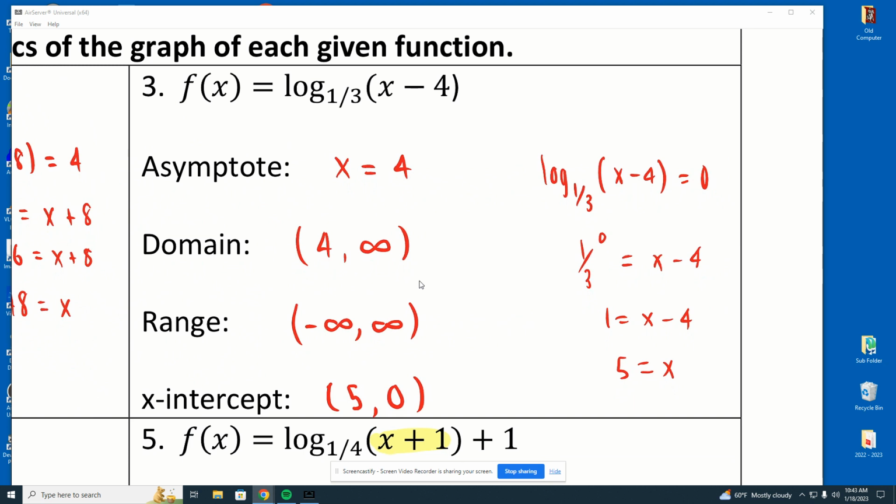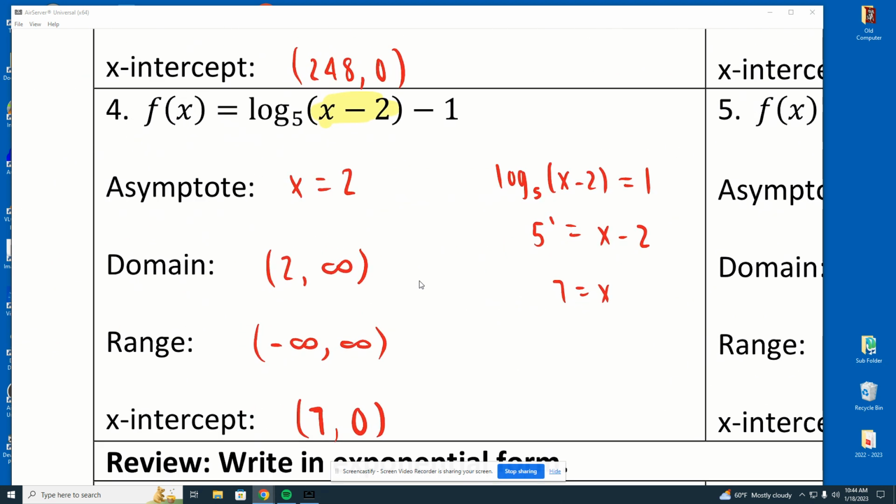And then, of course, whether you graph it and look at your x-intercept, look at your table for where y equals 0, or set the problem equal to 0 and solve, you should have gotten 5 as your x-intercept. I like to write them as ordered pairs, so 5, 0. Questions about number 3?